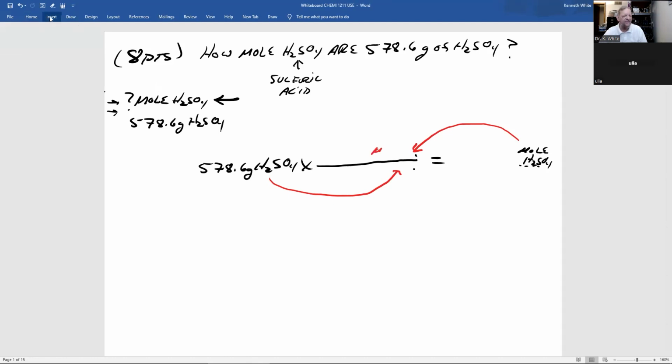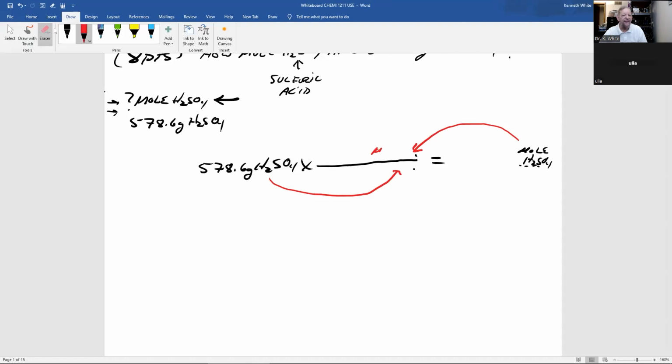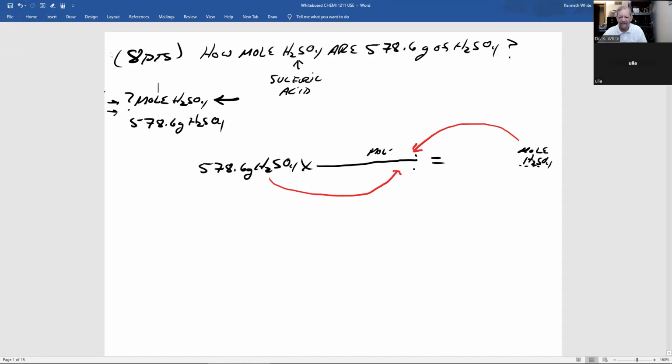Oops, wrong color. And where do we find a relationship between moles of a compound and grams of a compound?